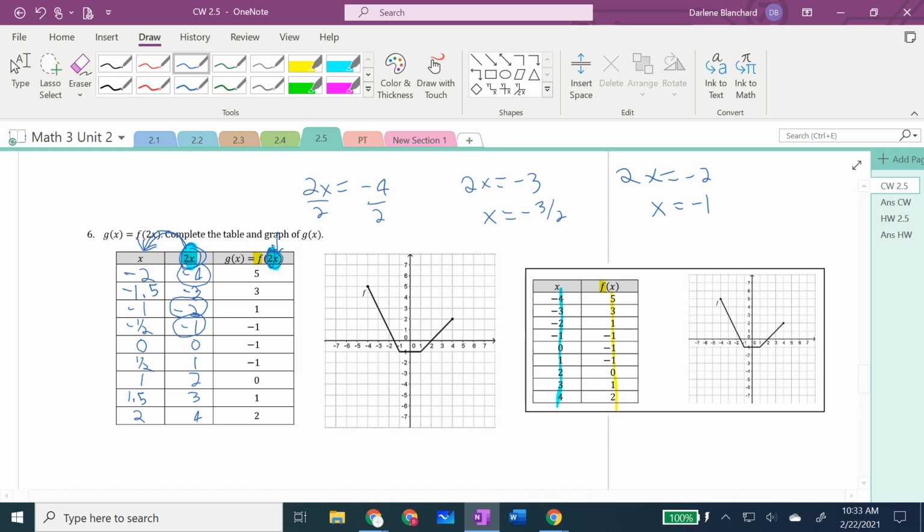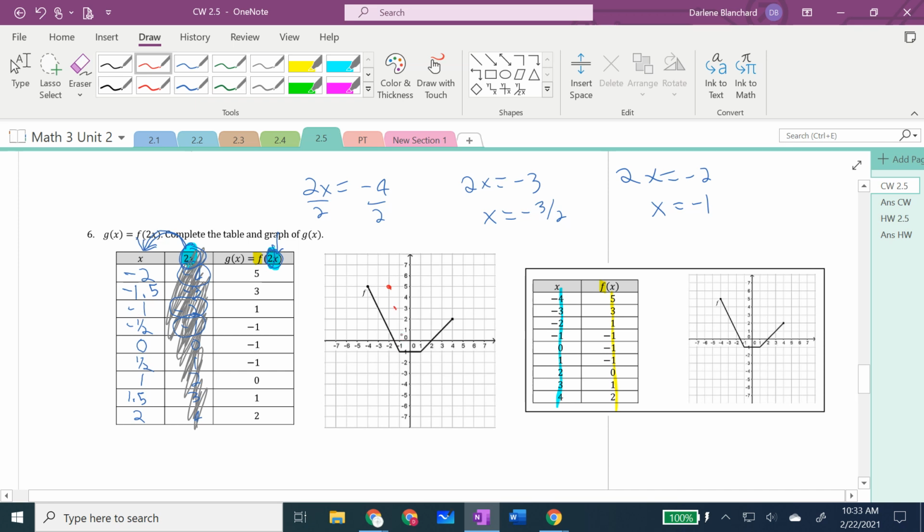Now let's plot these points to see what happens. Top one, oh, before I almost did it again. I'm going to eliminate the middle column so I don't accidentally put that down. And now I'm going to plot the points, negative 2, 5. Negative 1.5 and 3.